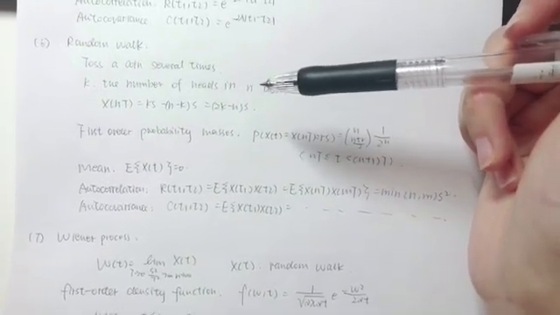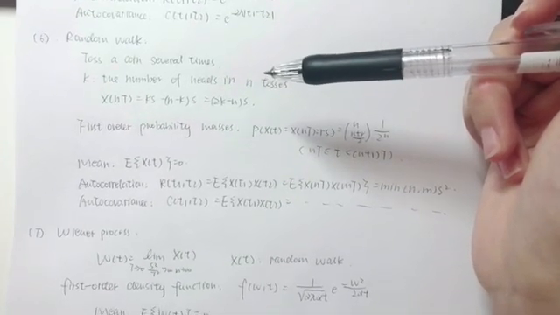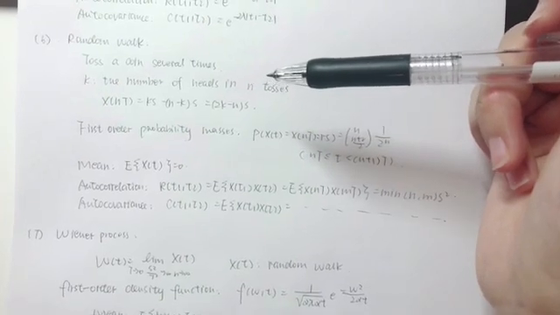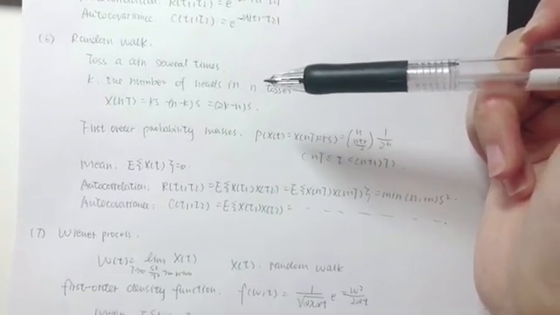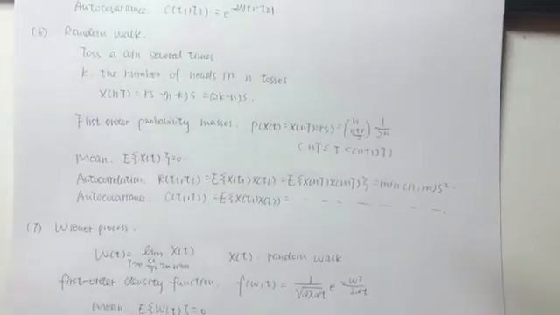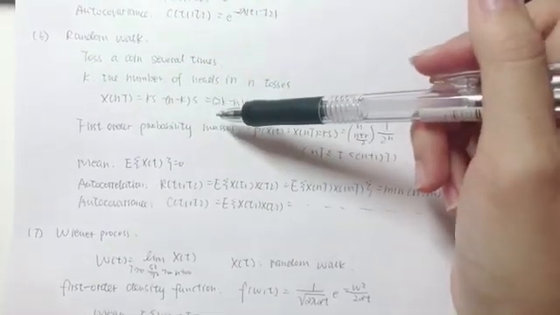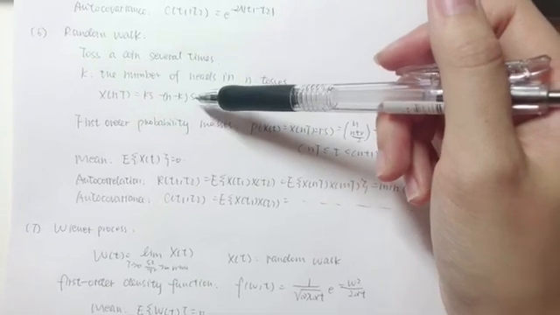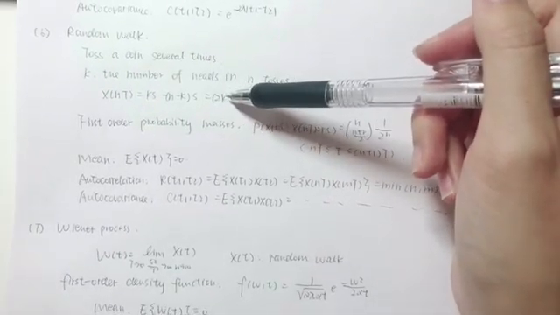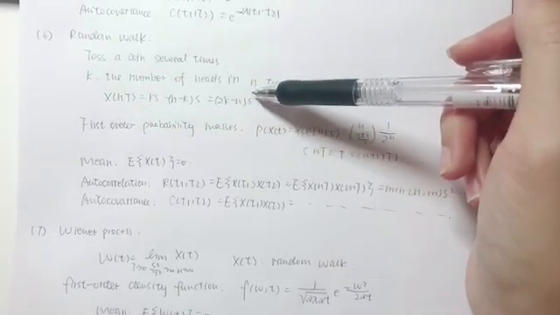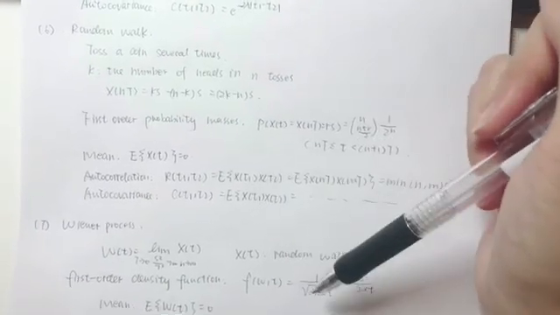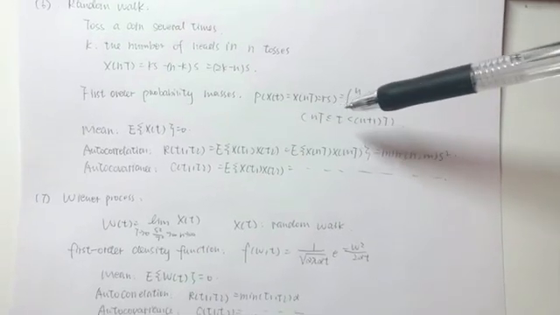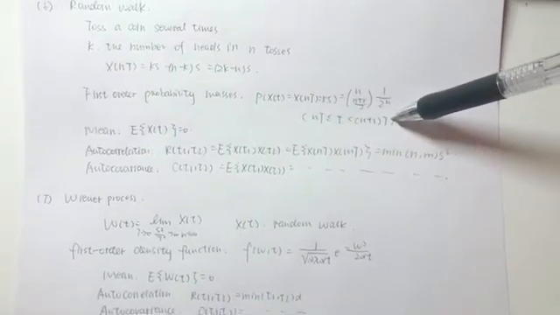X of nT will equal k times s minus n minus k times s, which equals 2k minus n times s, and the first order probability mass is equal to this expression.